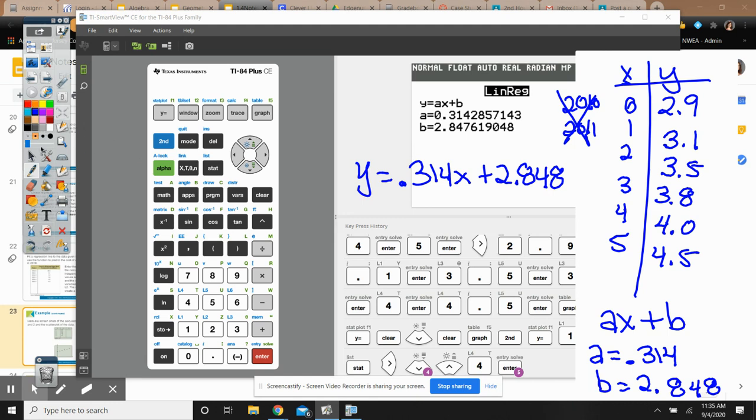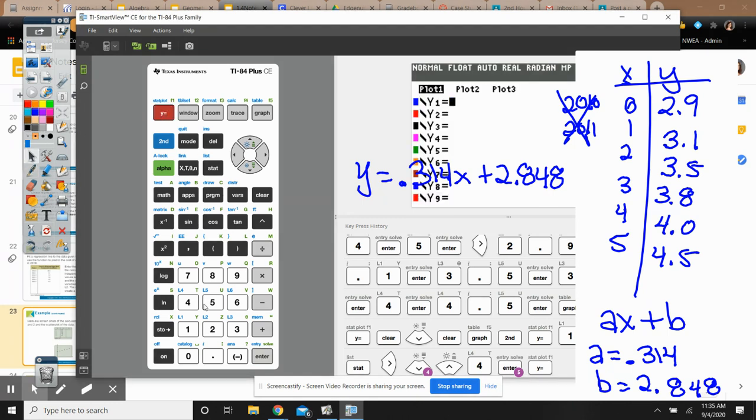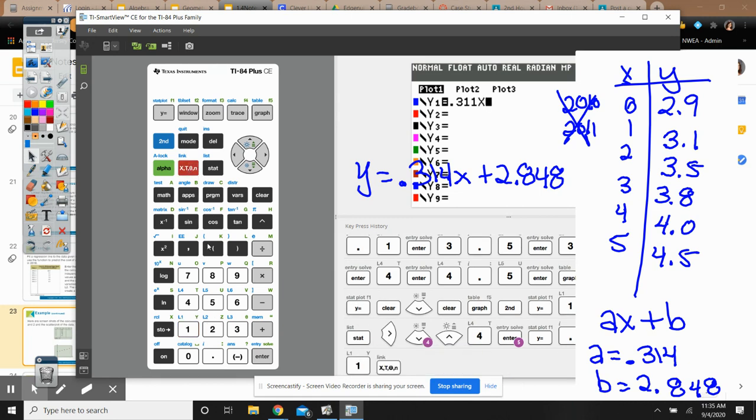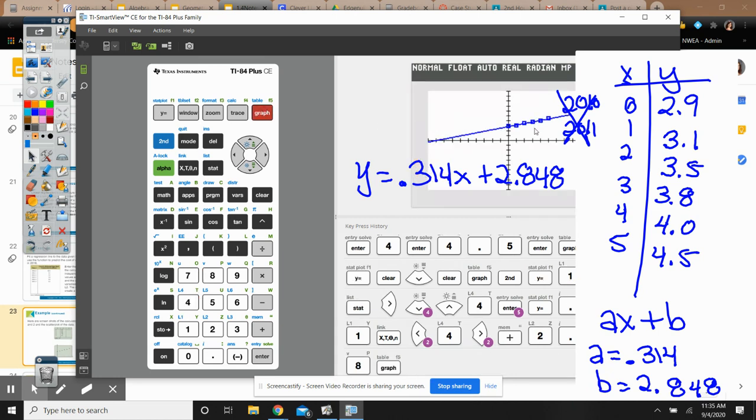Now, if I wanted to graph that, I could type it in. You don't have to do this part. I'm just showing you what we're actually doing here. All you have to do is type in that line plus 2.848, and I hit graph, and look, that line goes right close through my points.